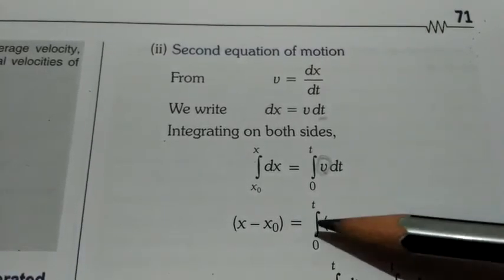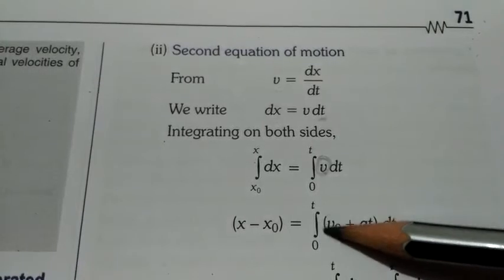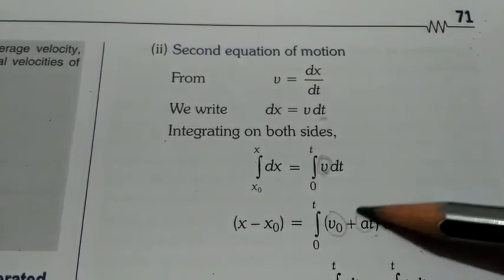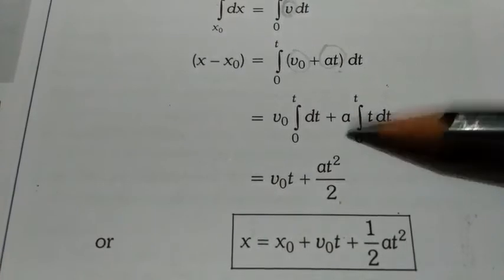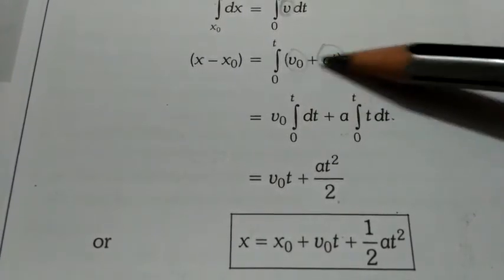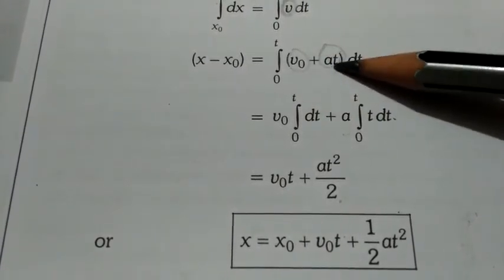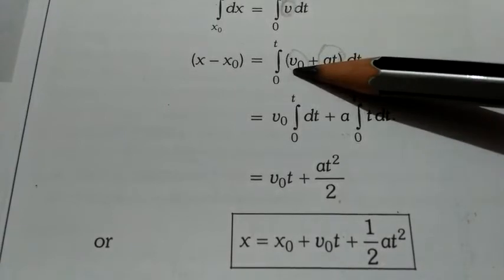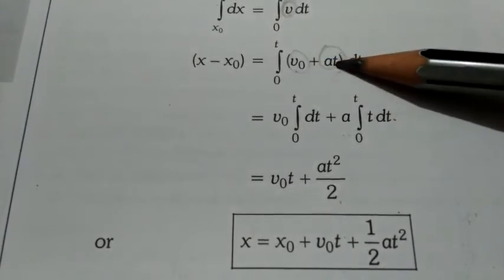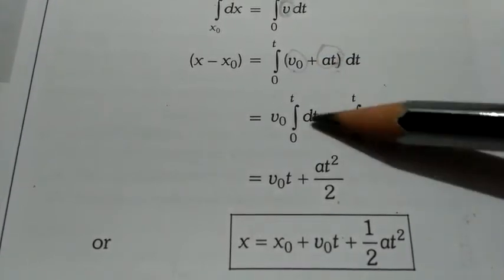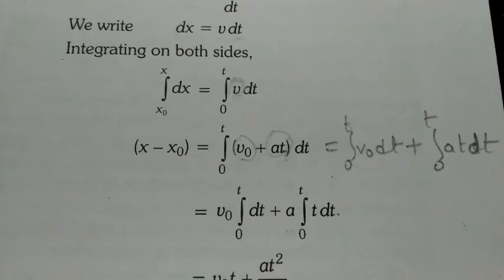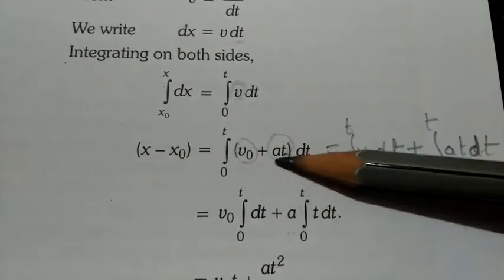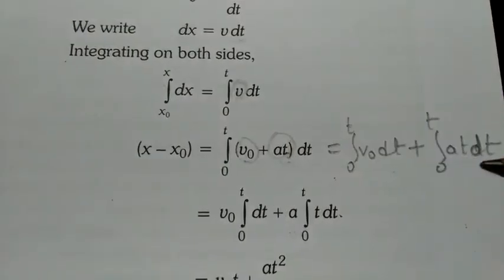Now this integration sign will go with this term also and with this one also. Here you can see it is in a bracket now. When we open the bracket, dt will be multiplied with vo and with at also. Like this, after this line, we will get this line.